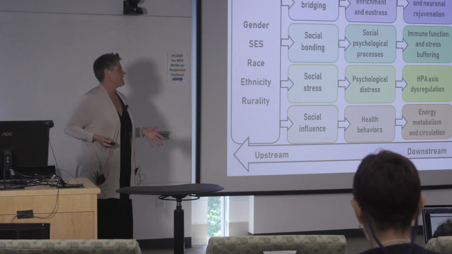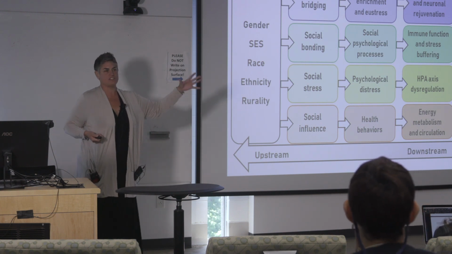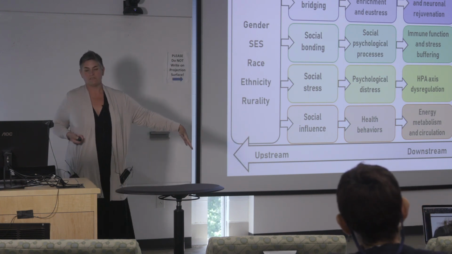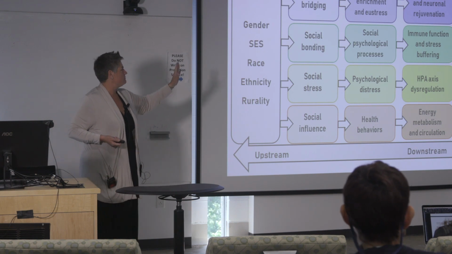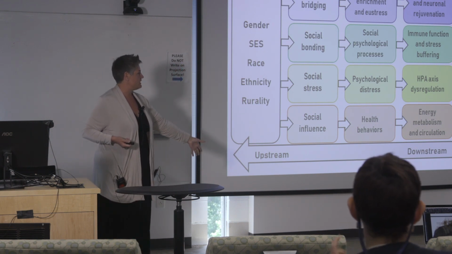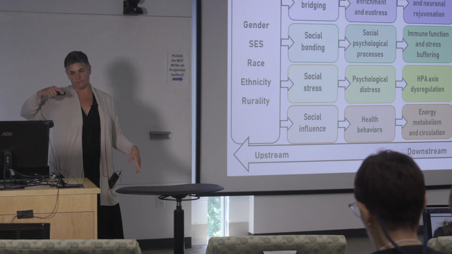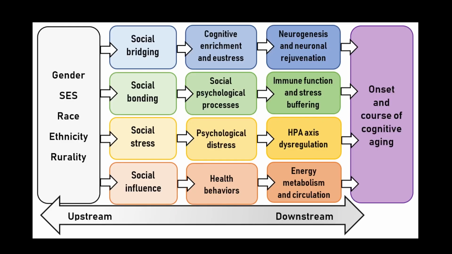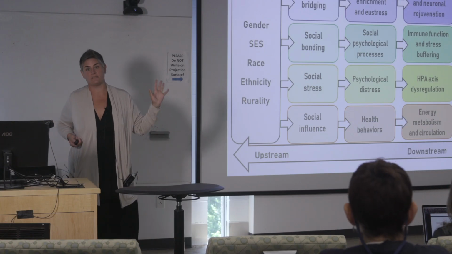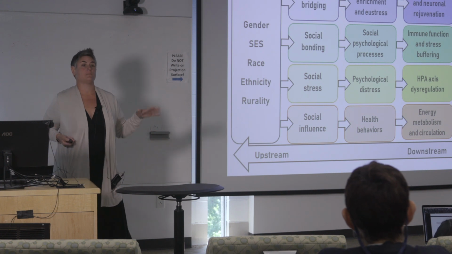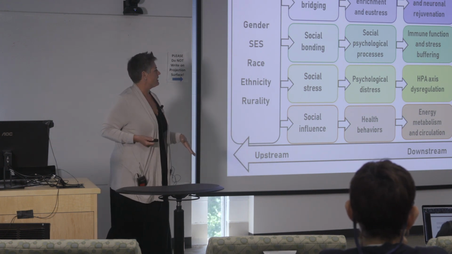And so we came up with this broad overarching theory of what might be going on. We're interested not only in the social mechanisms here, which are the first set of little boxes, but also in upstream social determinants of those downstream networks and even further downstream, the biological mechanisms that put you at risk for ADRD.